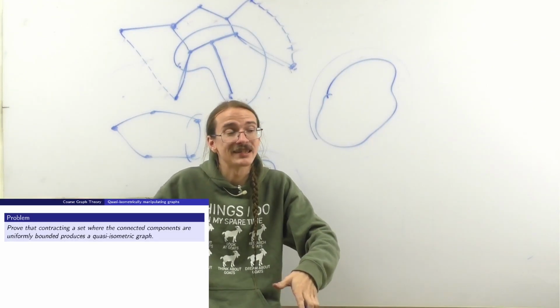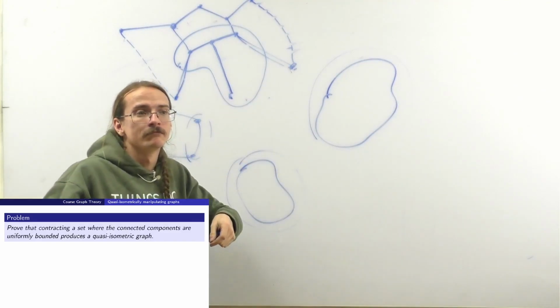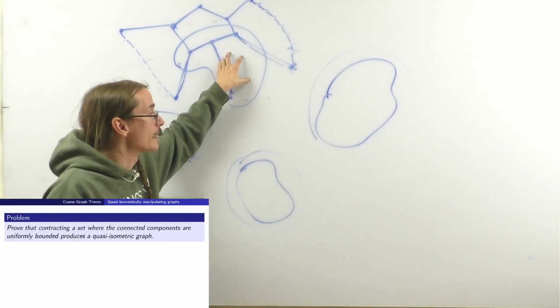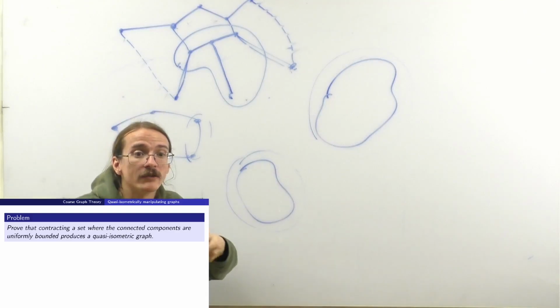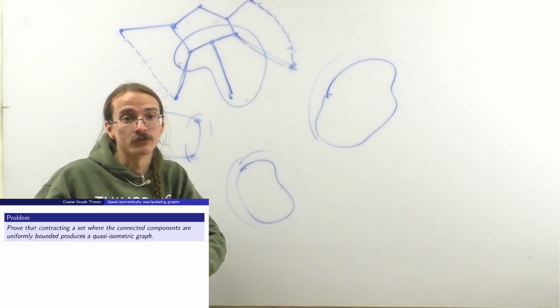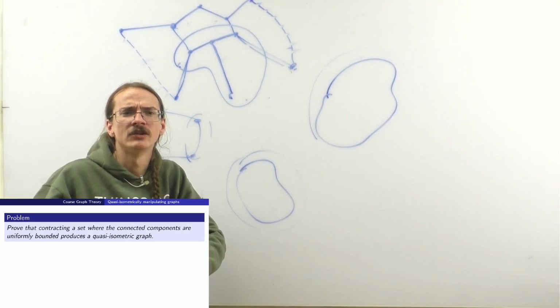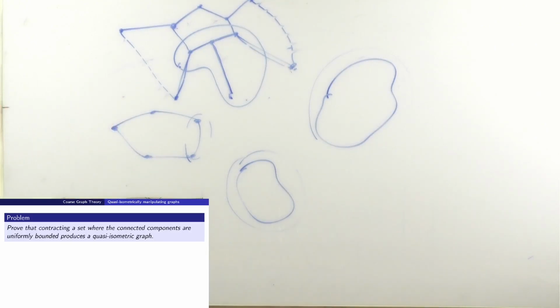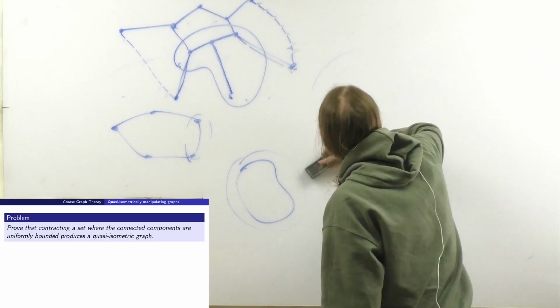Uniformly bounded means that there is some M prime such that the M1, M2, M3, all of them are less than that M prime. Does that answer your question? Okay. So we want to say that contracting a set where the connected components are uniformly bounded produces a quasi-isometric graph. This one kind of has a cute little picture I like to draw.